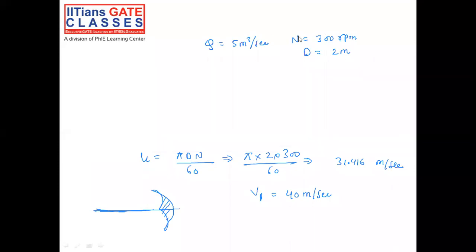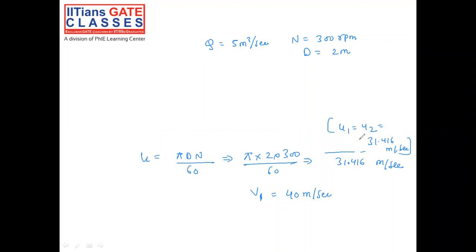Okay, fine. So here we are having data in front of us. We have calculated Q. Okay, Q is already given. U we have calculated. Of course, it is a tangential flow. So U1 equal to U2, that is 31.416 meter per second.